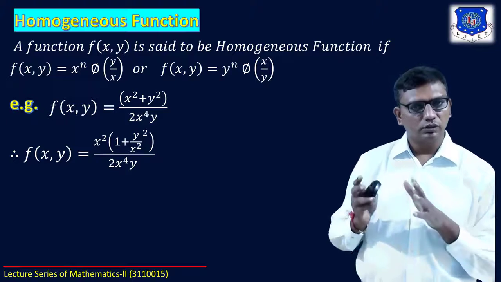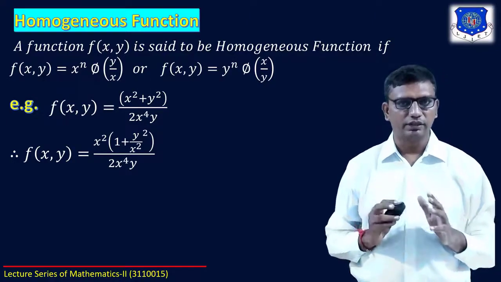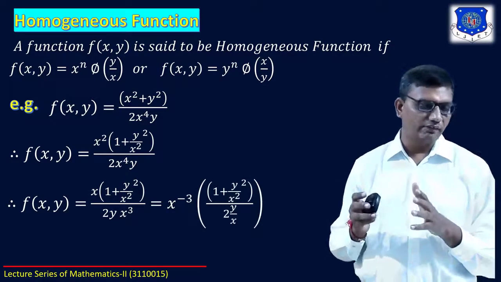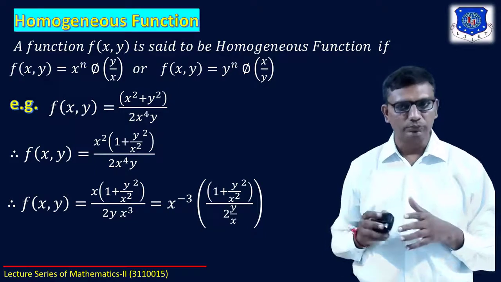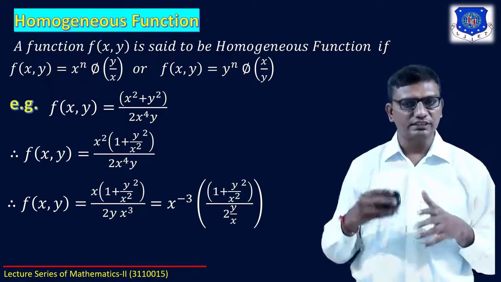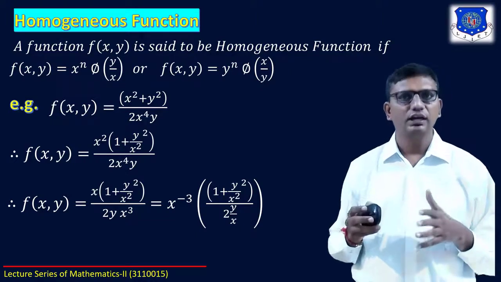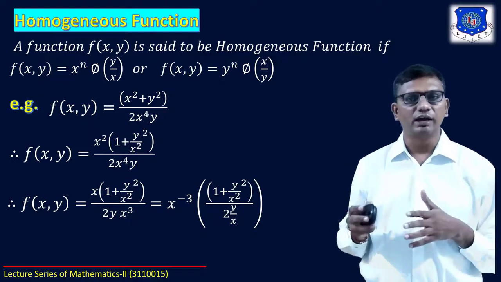We will only cancel one time x from the numerator and denominator. So we have x into 1 plus y square upon x square upon 2 y x cube. That can also be written like this: x raised to minus 3 into 1 plus y square upon x square upon 2 times y by x.